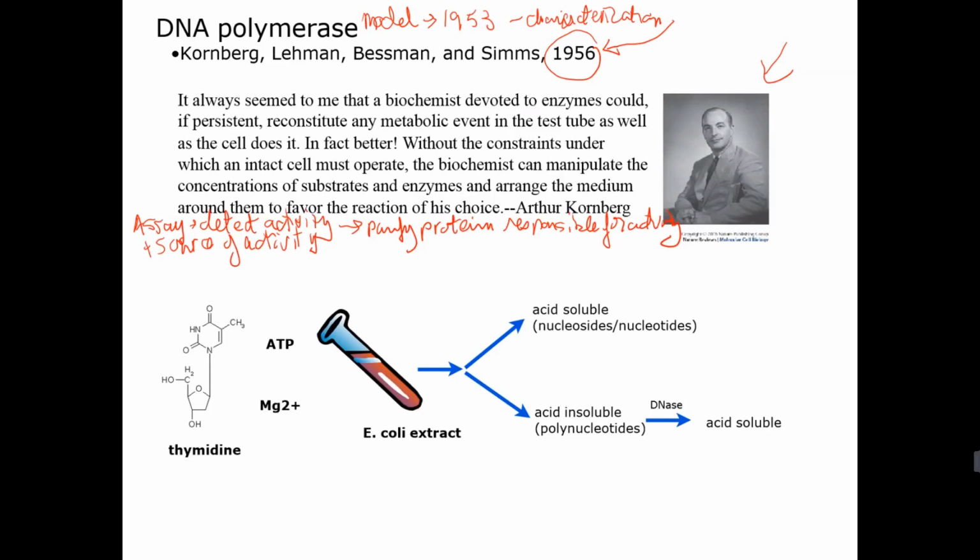Well, the first thing he has is thymidine, which is depicted here. And why does he have thymidine? There's at least two reasons here. So think about why thymidine. Well, the major one is it's a precursor for DNA.